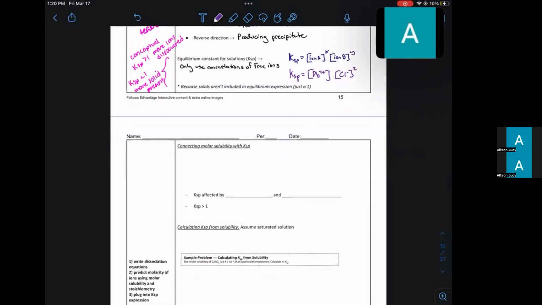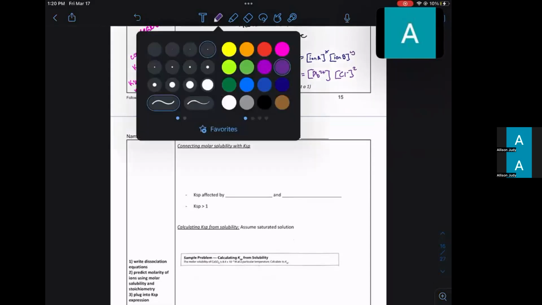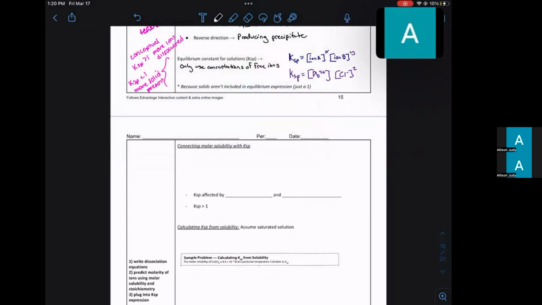In the pre-lecture, you went back to this concept of molar solubility. Molar solubility is the concentration of a particular one of the products of the dissociation reaction, a particular ion in the solution, with respect to its molar coefficient.